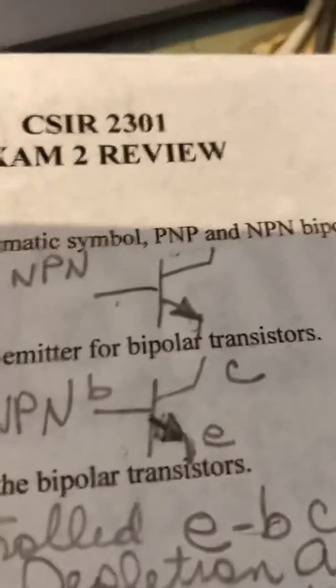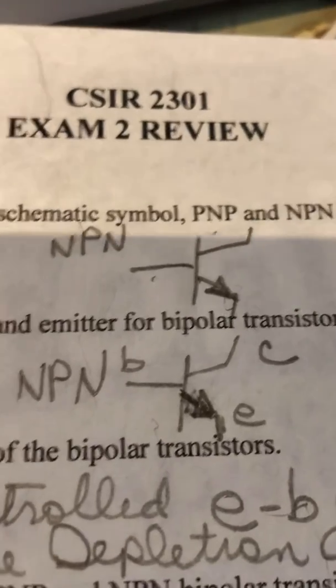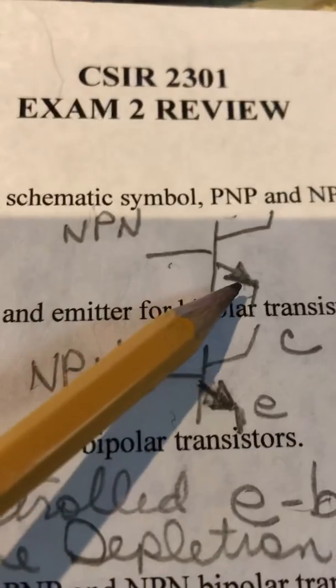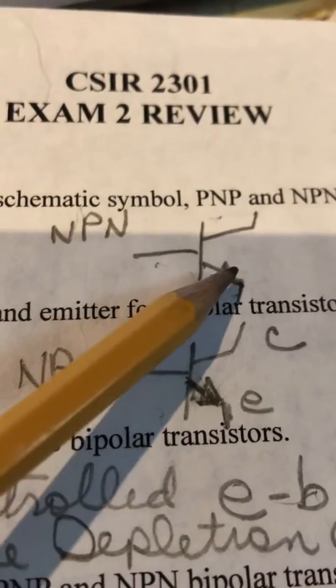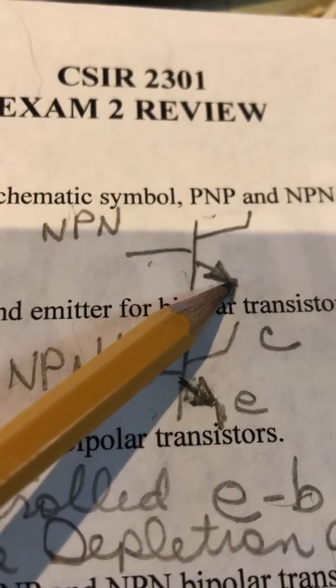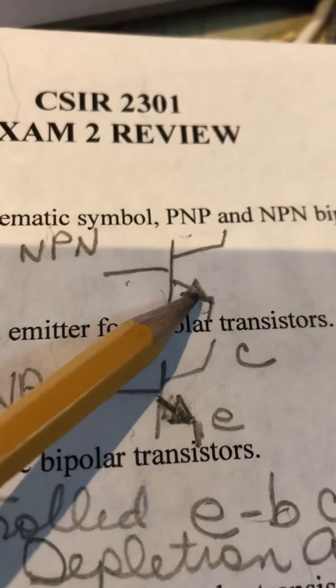I'm going to go back to page 1 for a minute and look at the NPN here, because we can use this one to show what we set up. I'm using the NPN because, and this is a test question, that's why I keep saying that, the NPN is the most common bipolar transistor that we utilize. Hint, hint.